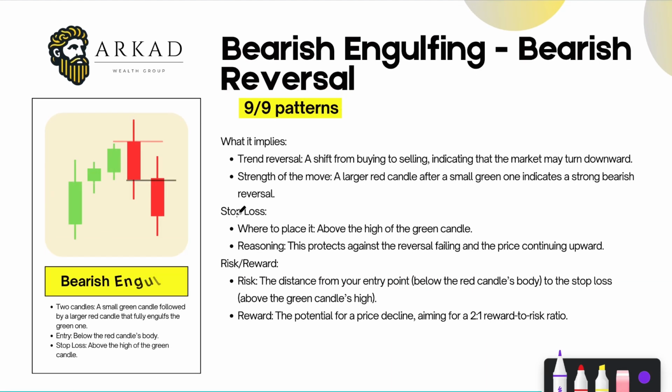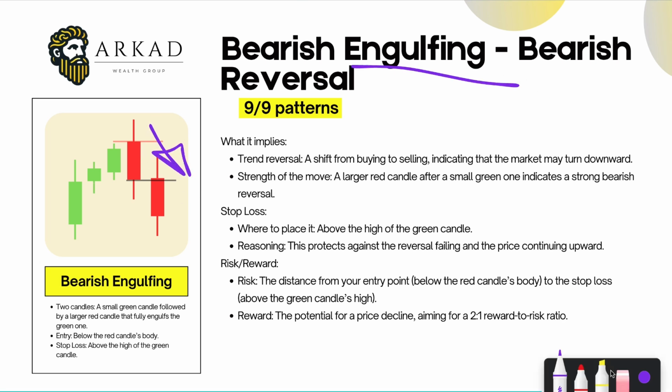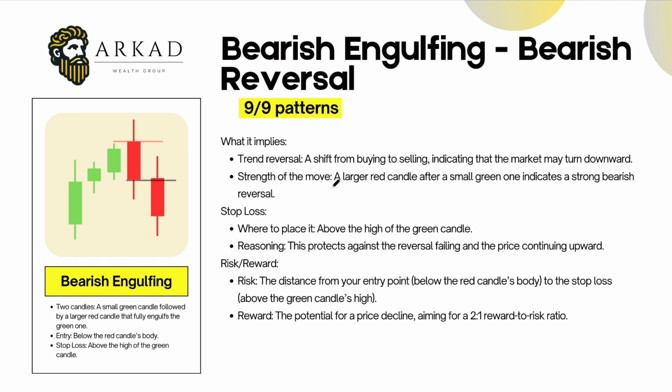Our next one, last one, bearish engulfing. Same thing as the bullish engulfing. This is just saying it's going to go down. So all these candlestick patterns have a bullish version and then a bearish version. This one's just the bearish engulfing and just means it's going to go downward. So what it implies: a shift from buying to selling, indicating the market may turn downside. Strength of the move: the larger red candle after a small green one indicates a stronger bearish reversal.